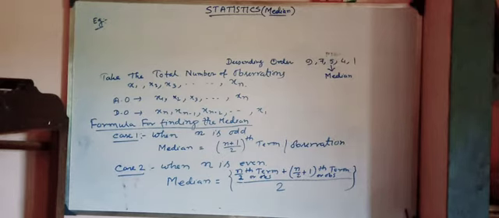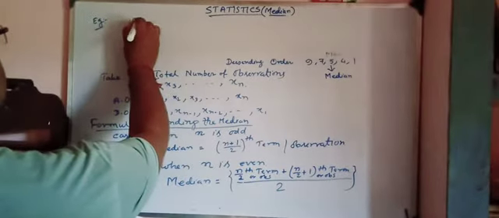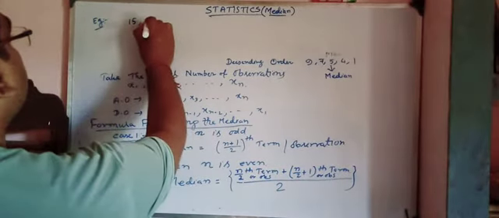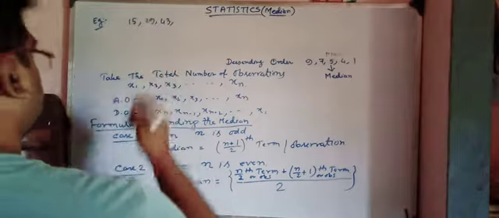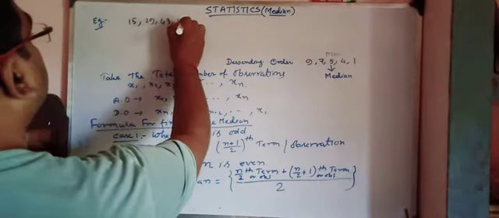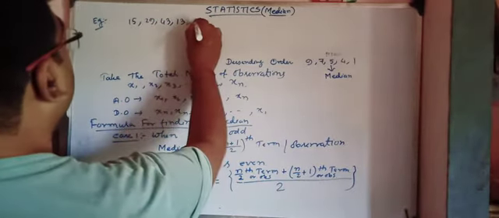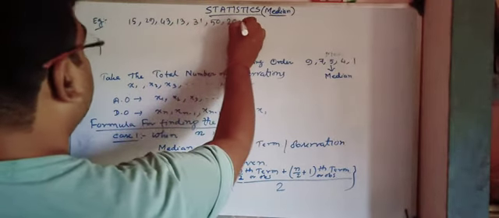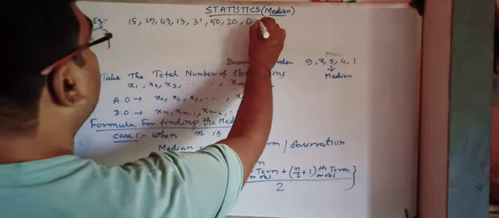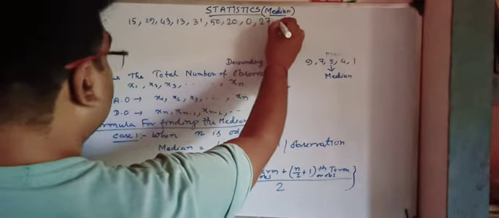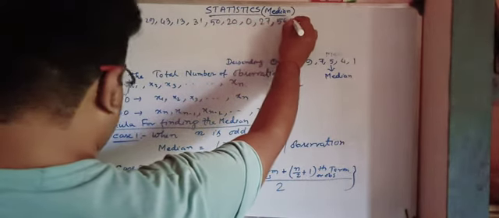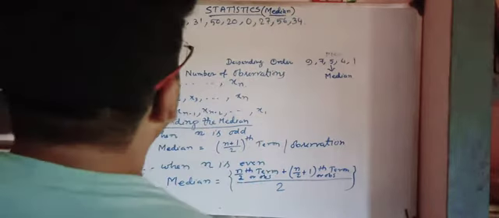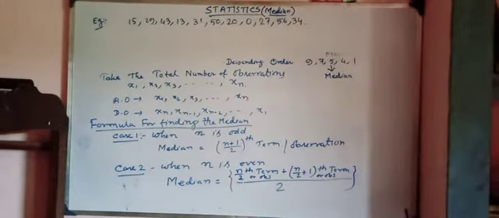The runs are 15, 29, 43, 13, 31, 50, 20, 0, 27, 56, 34. So these are the runs scored by 11 members of a cricket team.